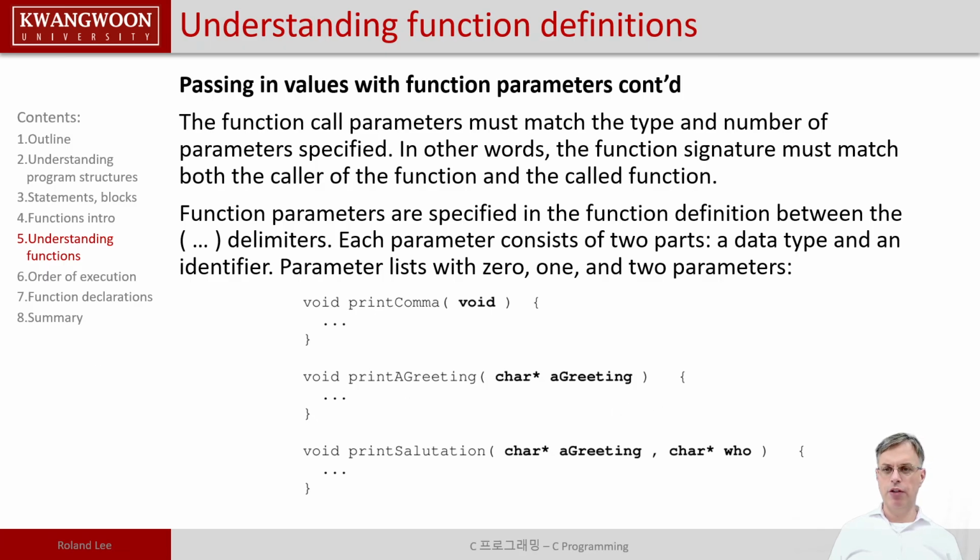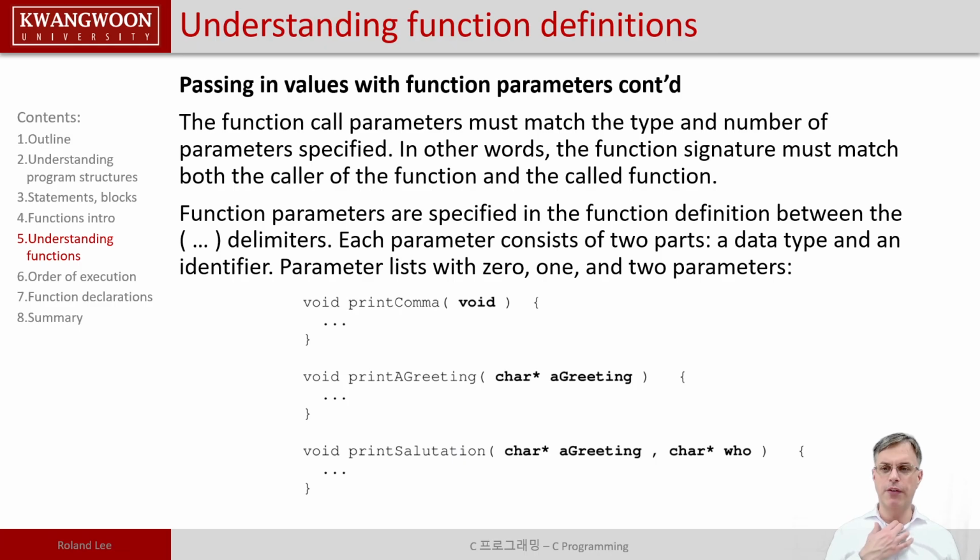And now each parameter consists of two parts: a data type and an identifier. The data type specifies what kind of value is being used: a whole number, a decimal number, a string, and so on. And the identifier is the name used to access that value. Multiple parameters are separated by a comma. We will explore data types fully later on.